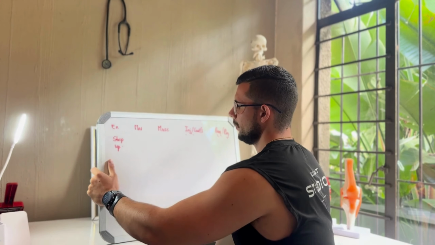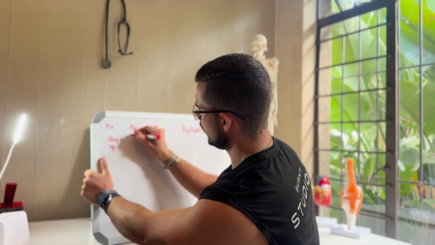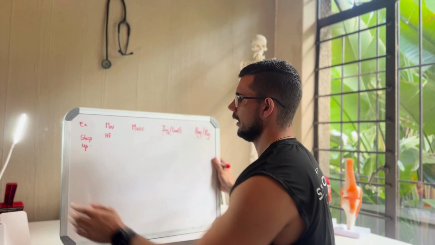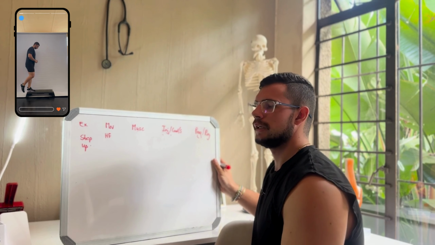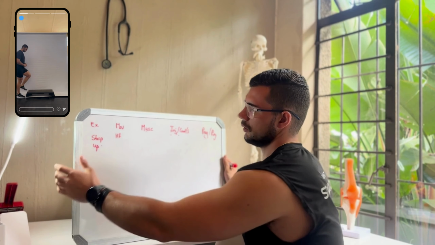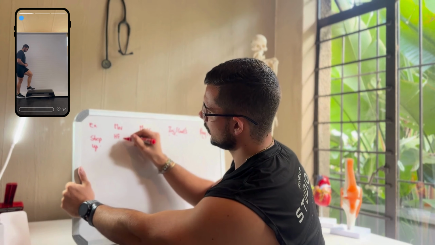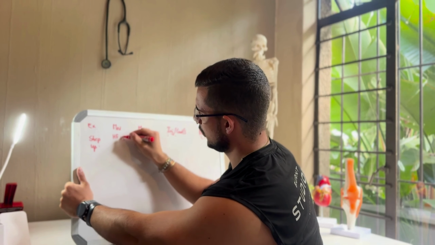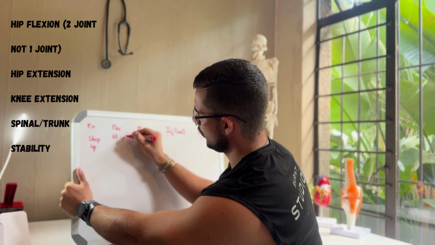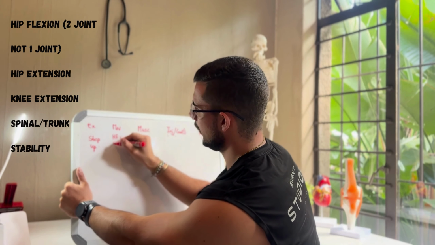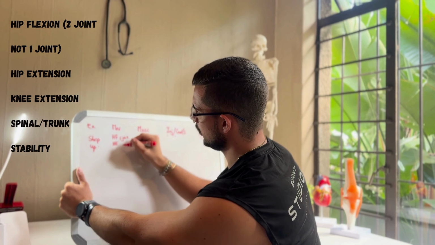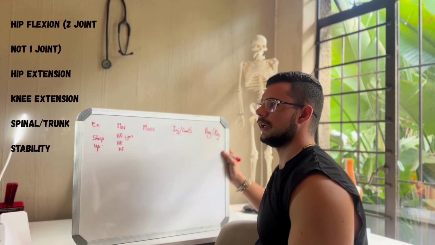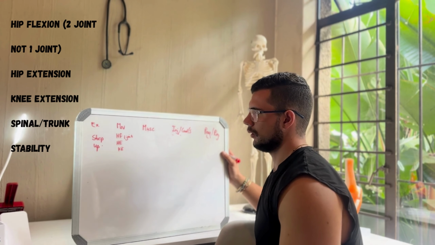So in the step up, the movements that are involved is initial hip flexion to get your leg up onto the box that you're stepping up off of, which is going to be one joint hip flexion because the knee is bent. One joint. Then we are going to have hip extension and knee extension happening more or less at the same time when you perform the movement.